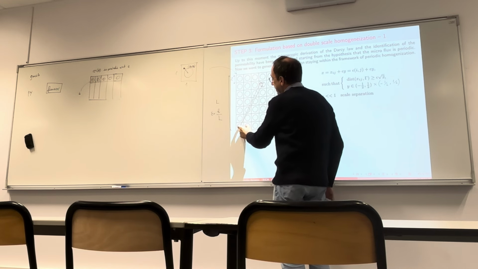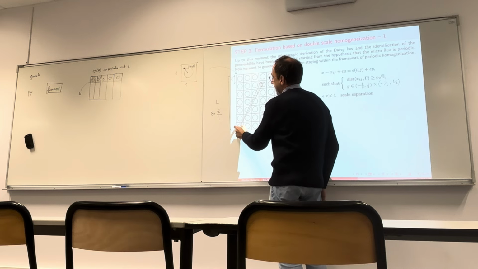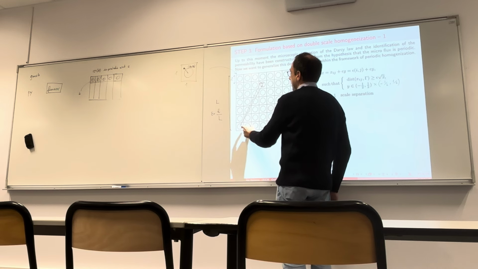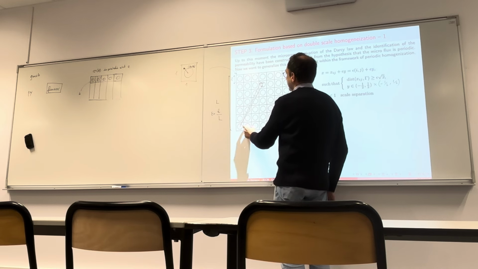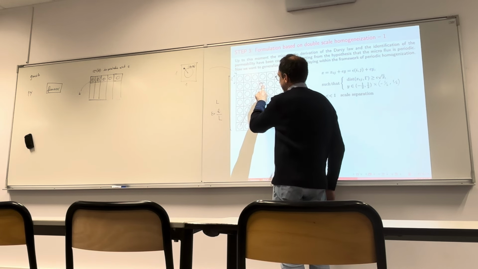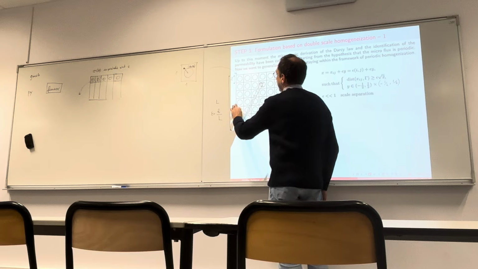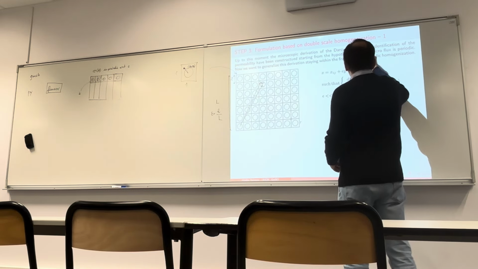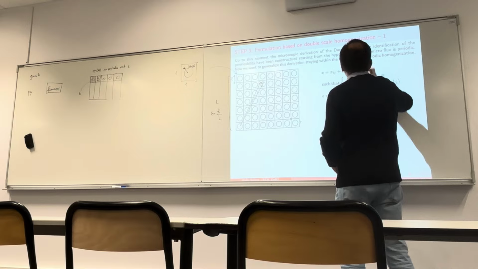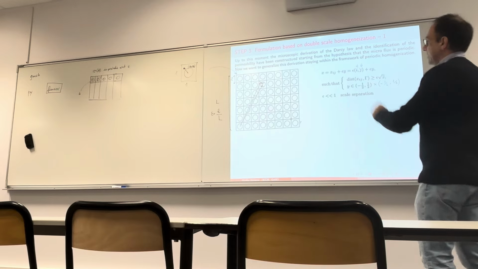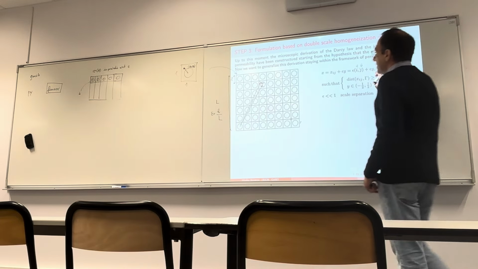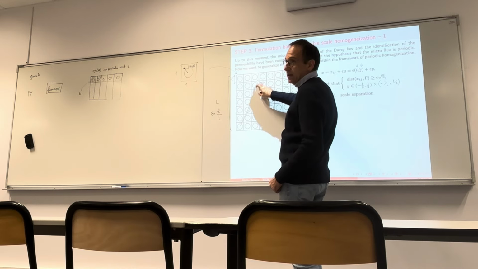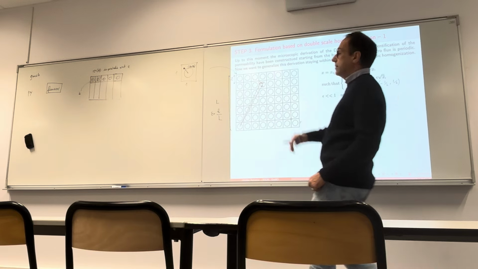So if the cell is of size epsilon, you have to count how many cells you have along x. So 1, 2, 3, and 4, for instance, along x, and 1, 2, 3, 4, 5, and 6 along y. So this will be 4, 6 times epsilon in this particular case, plus epsilon y, which tells you where you are within the cell.